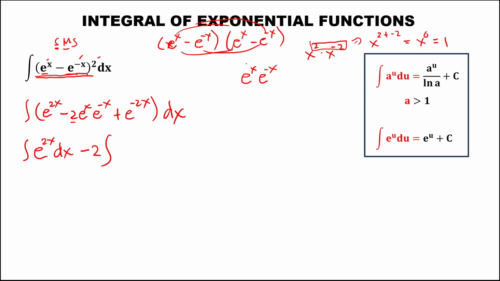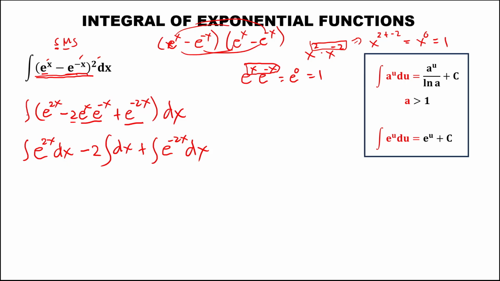So therefore, e to the power x times e to the power negative x becomes e to the power 0, which is equal to 1. So negative 2 times the integral of dx, or 1 dx, then plus for this term, the integral of e to the power negative 2x dx.